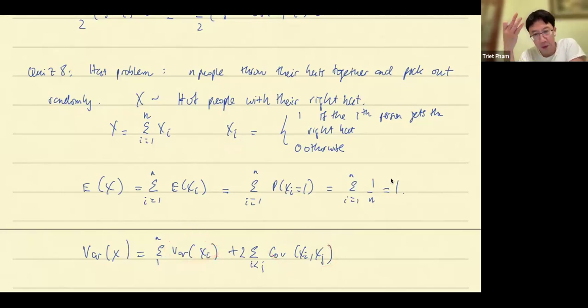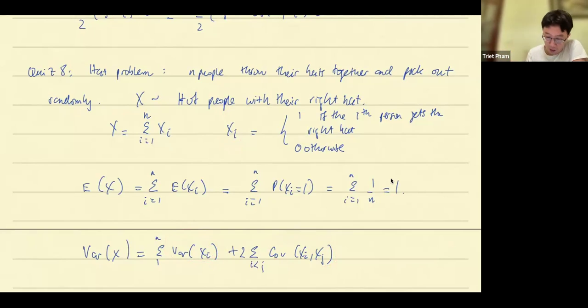And it's similar in this way. Any pair of two people in the hat problem will have the same joint distribution. In other words, if you look at what happens to the first and the third person, it's similar to what happens to, let's say, the second and fourth person in terms of the joint behavior.